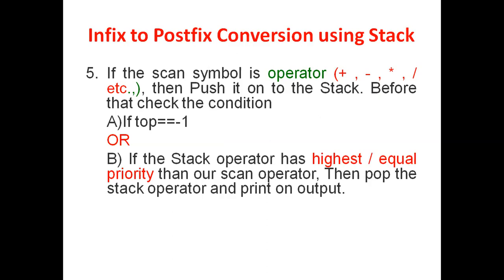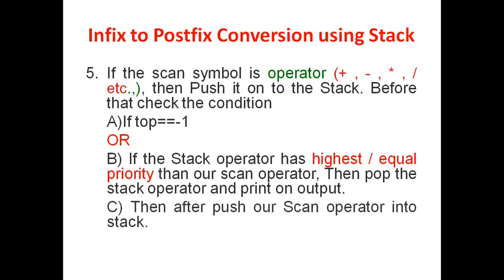If we get an operator and the stack operator has higher or equal priority than our scan operator, then pop the stack operator and print it on output. Then push our scan operator into the stack. These are the 3 points you have to remember when the scan symbol is an operator.